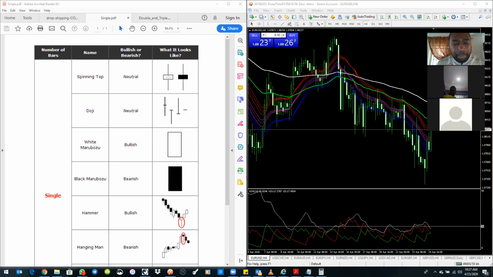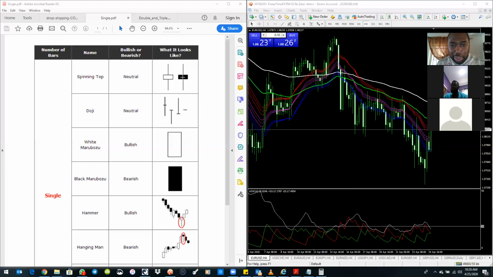The white one opened here and closed here. The close is very close to the open. Also for this bearish candle, it opens here and closes here. The close is also very close to the open. But you can also notice that the highest recorded value for that candle and the lowest recorded value for that candle is very large.